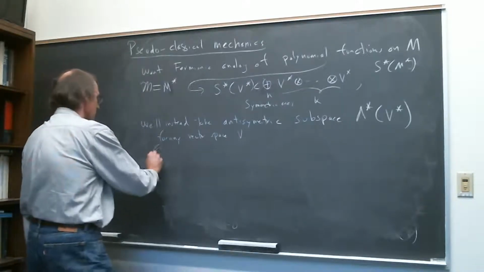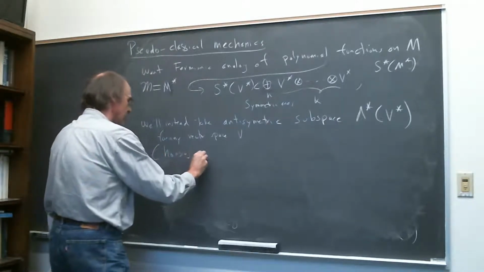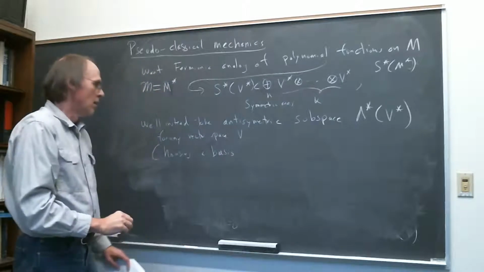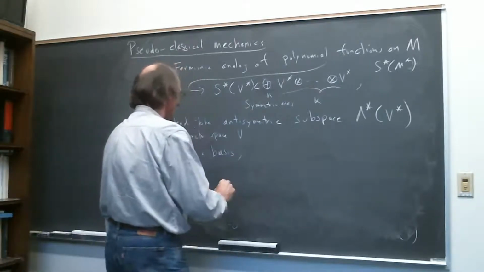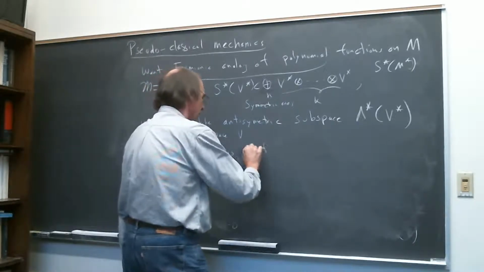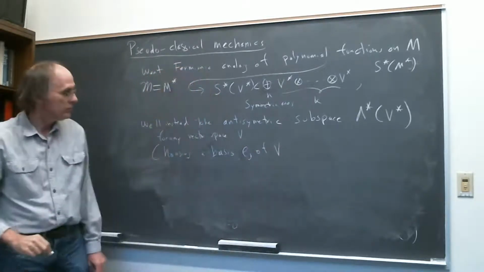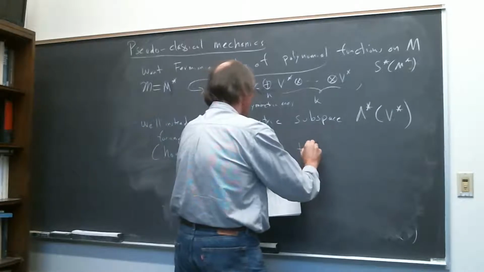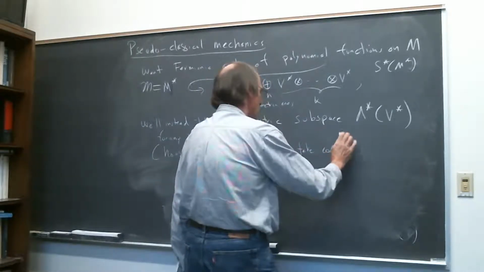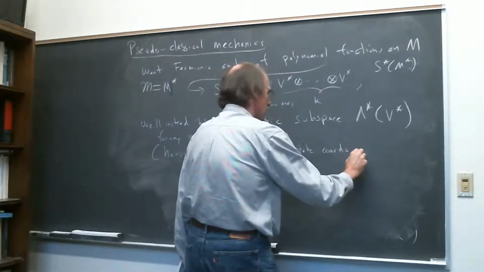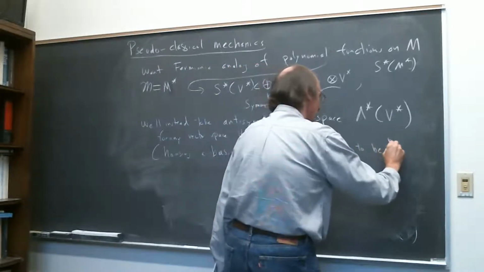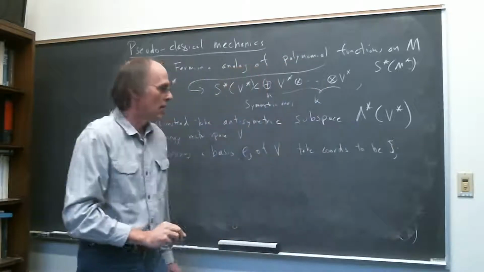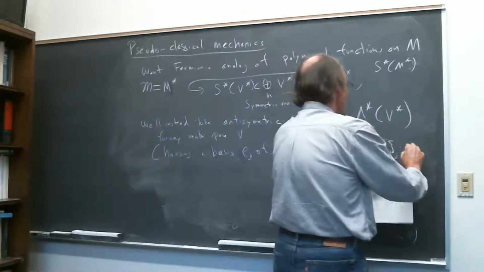So let's choose a basis e_i of V. Then we're going to take coordinates psi j, and these are elements of the dual.